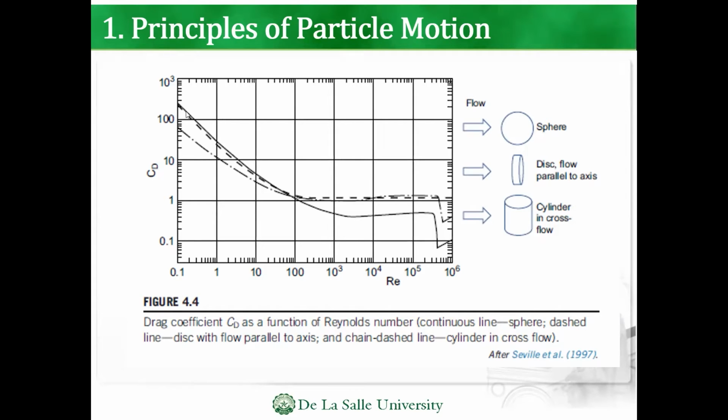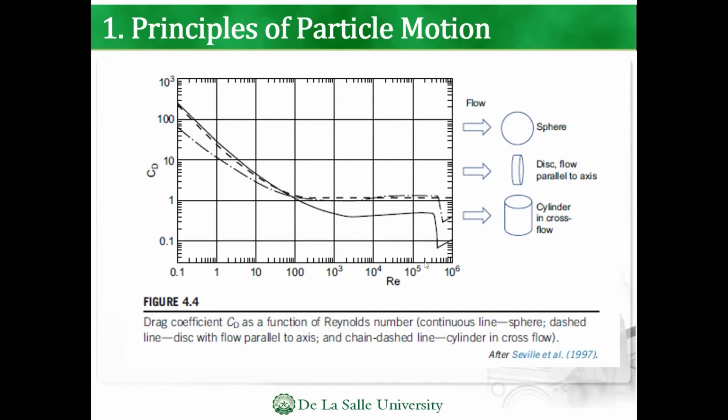What you can see in here is that at a Reynolds number of 100 or less, typically the one that has the highest drag coefficient is the sphere, and the lowest is the cylinder. Whereas as it reaches greater than 100 Reynolds number, there's a sudden decrease in the sphere, and the others are left above.